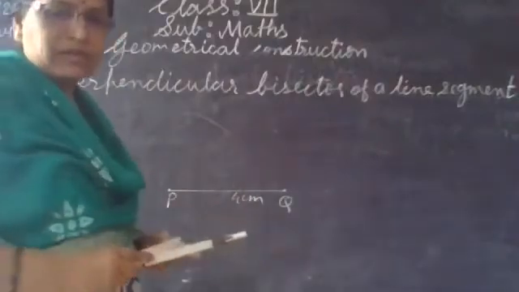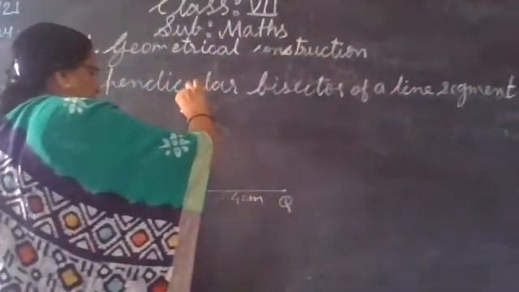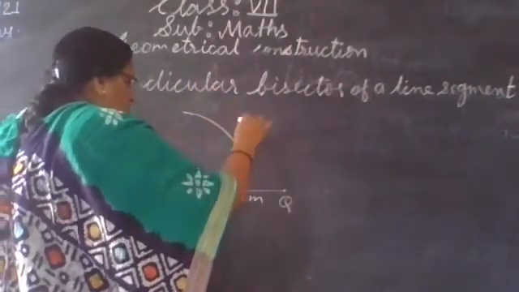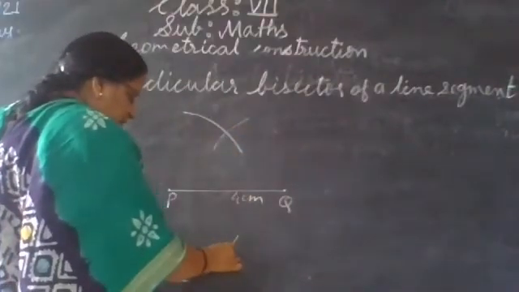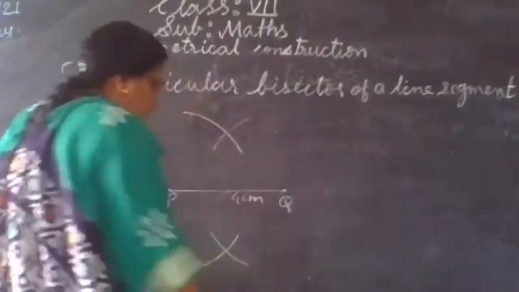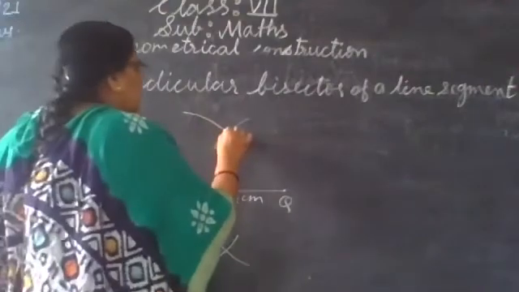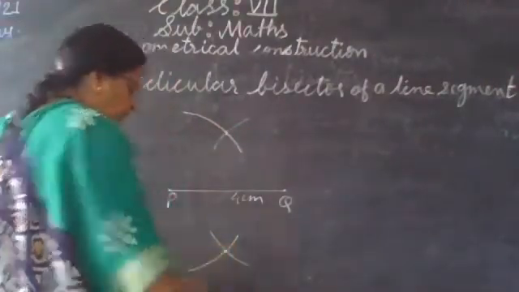See, beta, very light. See, I am drawing it, but you don't make it dark, okay? Because you are using pencil. So I am getting these two arcs and they intersect each other at this point.